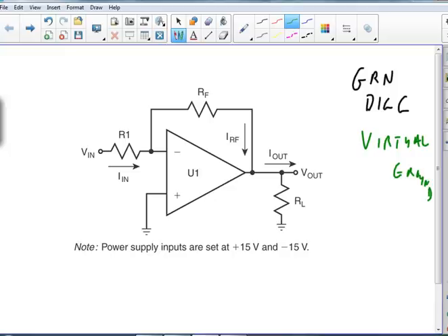Now, a virtual ground is going to be a ground to voltage, but no current can flow through it. Okay, so it's a voltage ground, but no current is flowing.